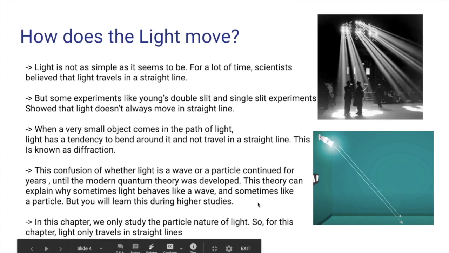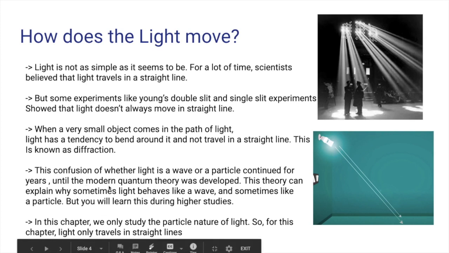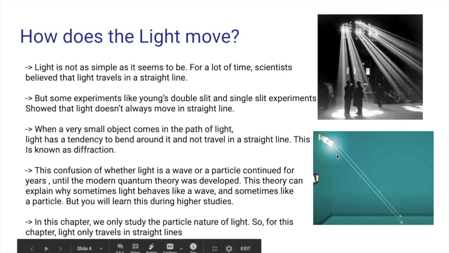For a long time there was confusion about the wave and particle theories of light, but now the modern quantum theory has been developed. This theory can explain why sometimes light behaves like a particle, that is, it travels in a straight line, and why sometimes it behaves like a wave.